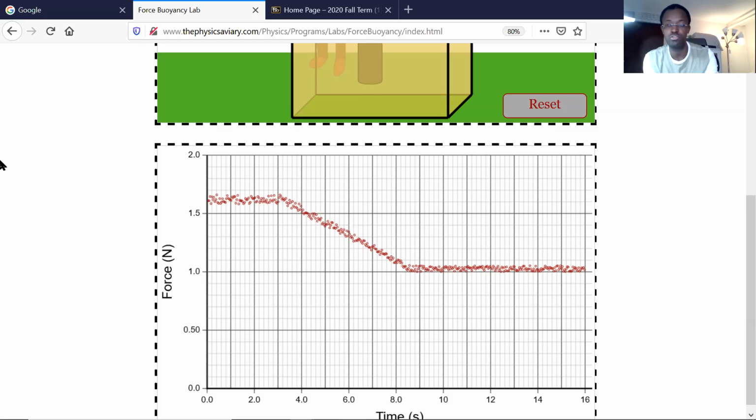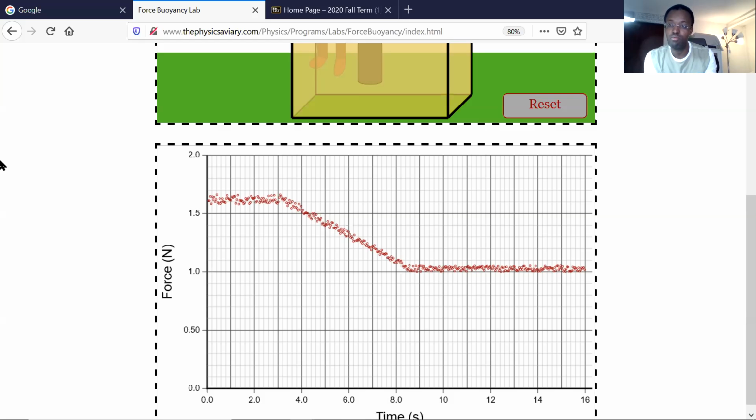After 16 seconds, because you see it keeps changing, as the bottle enters the gasoline, it displaces more and more gasoline, and therefore the buoyant force increases, and the buoyant force is the weight of that gasoline being displaced.